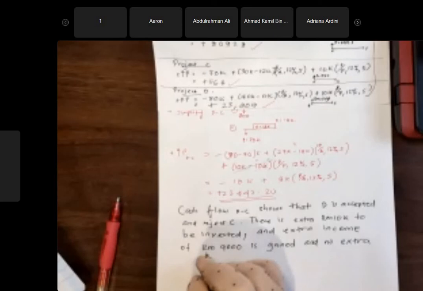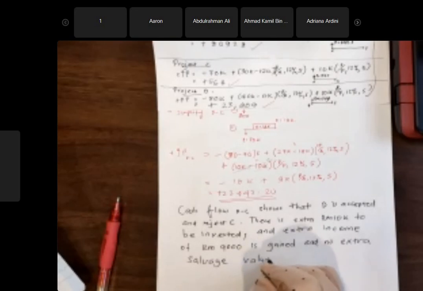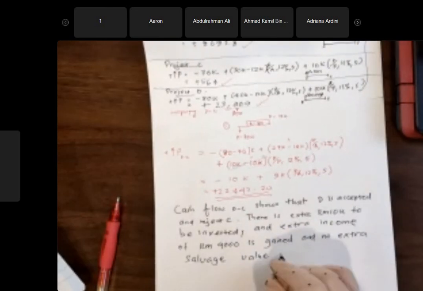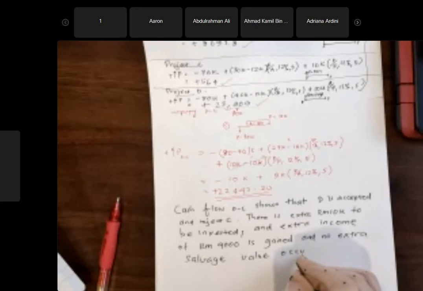However, there is no extra salvage value. And no extra salvage value occurs.